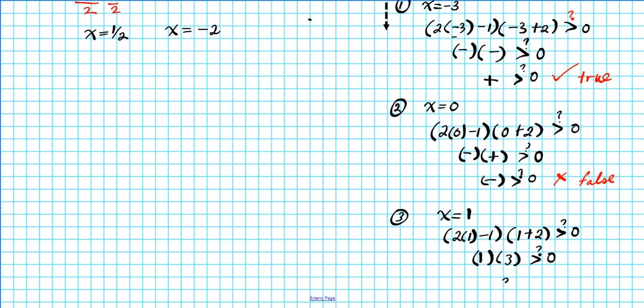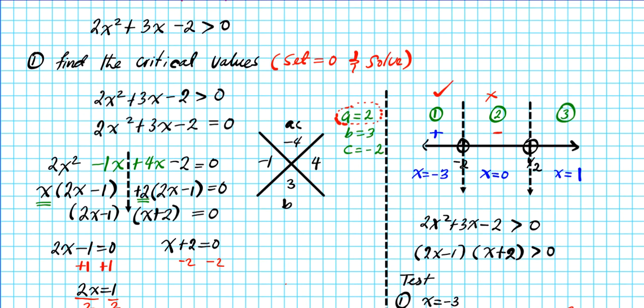Well, let's see. We're focusing on the sign, so let's just use the sign here. So this one right here is going to be positive, and then this one right here is positive. So is it positive times positive greater than 0? Positive times positive is positive. Is a positive number greater than 0? Absolutely. So this is a true statement, which tells us that interval 3 is good because we have a positive sign there.